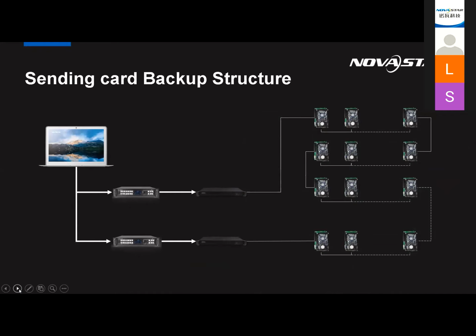Usually in a backup structure, you use 2 sending cards, and it forms a circle. The video source goes into the video processor and then into the controller, and the network cable connects each receiving card. At the end, the receiving cards go back to the controller and the video processor.